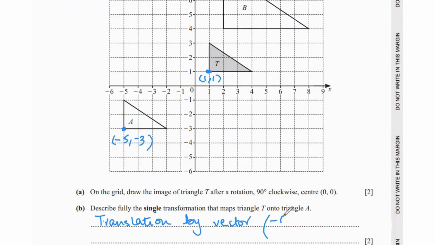So it's going to be -6 because we moved 6 units to the left. Now from 1, we came to -3, which means we went down 4 units. So the translation vector is by the vector -6, -4, because we're moving 6 units to the left and 4 units down. Simple as that.